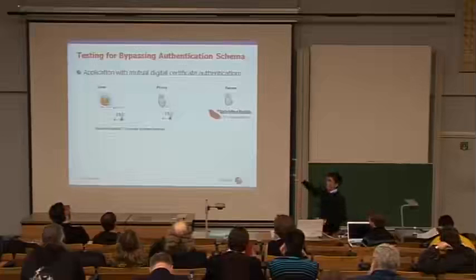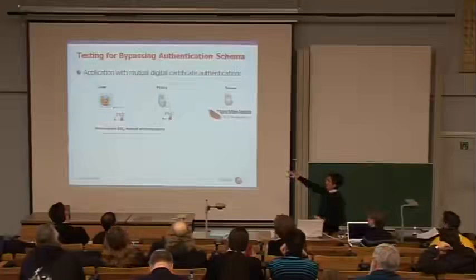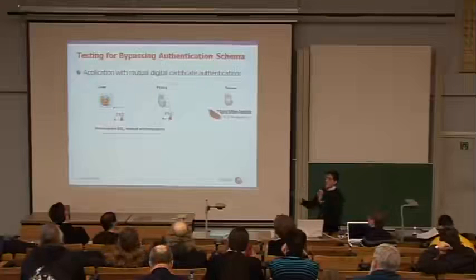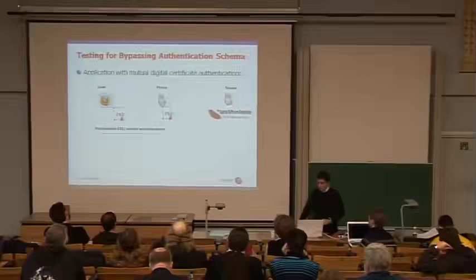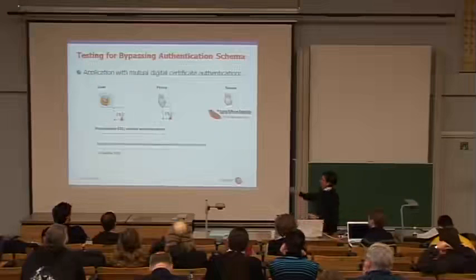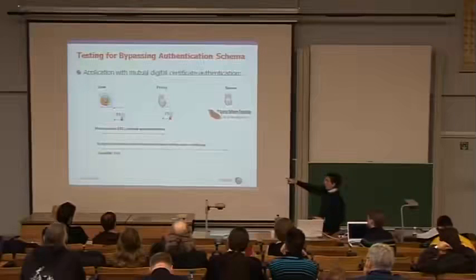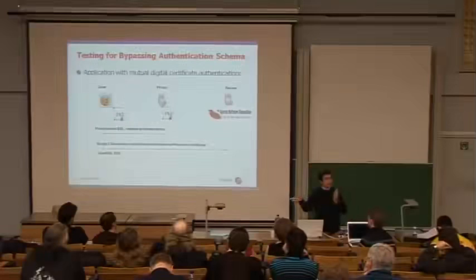So here we found, for example, that the SSL handshake and mutual authentication is between the user's browser and the proxy, so on a layer beside the application layer. Then we analyzed that there is a client script that collects the information of the user certificate. So there is something inside the browser that reads the user certificate and sends the user distinguished name to the web application. So here you can see that there is a logic error.